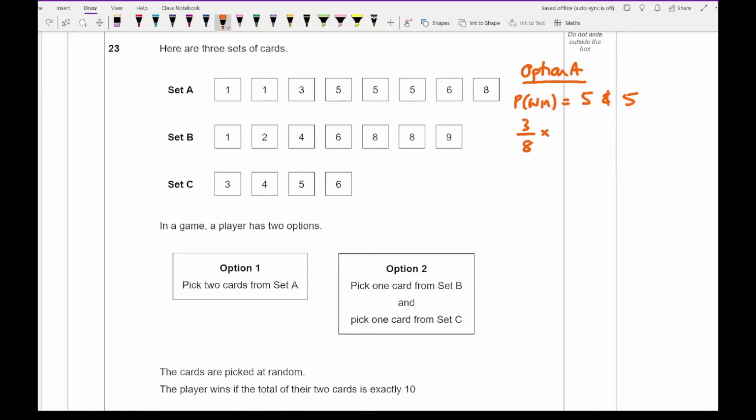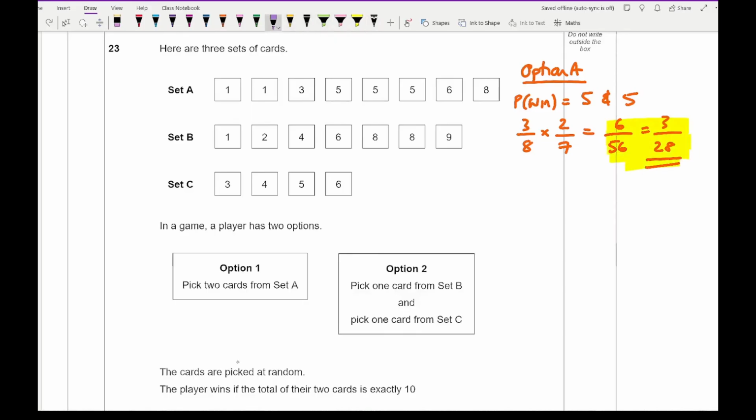Then I pick that card, so the probability of the next card being a 5, well, I've only got 2 left and only 7 cards remaining. So that's going to give me an answer of 6 over 56, and I can simplify that as 3 over 28. So that is my probability of winning with option A.